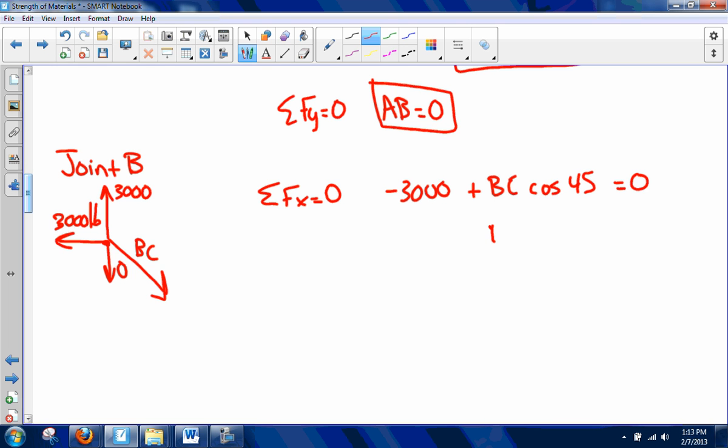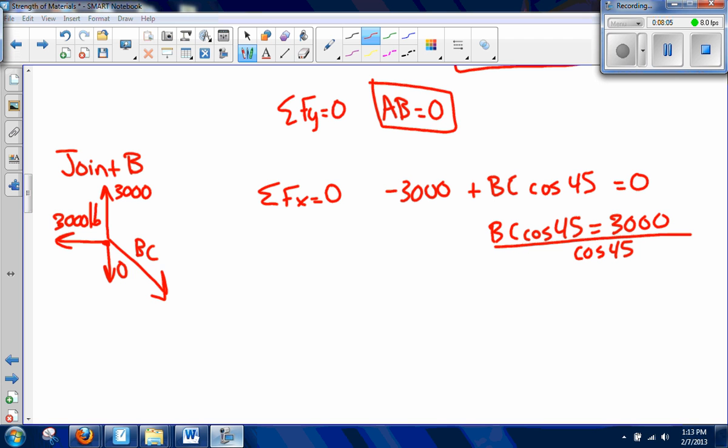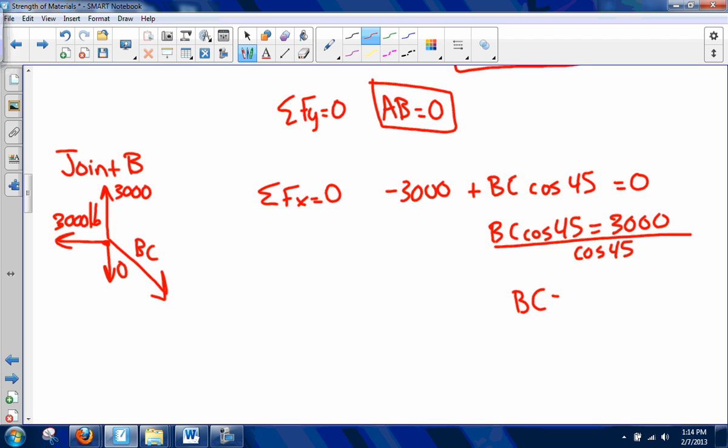So I'll get BC cosine 45 equals 3,000. Divide everything by cosine of 45 degrees. And what do I get? All right, so when I divided 3,000 by cosine 45, I get BC is equal to 4,242 pounds.